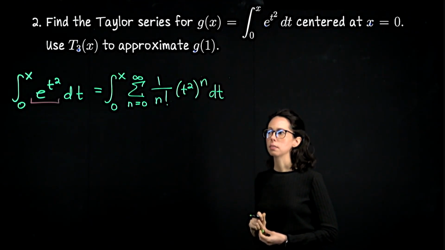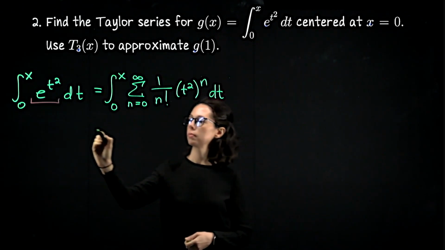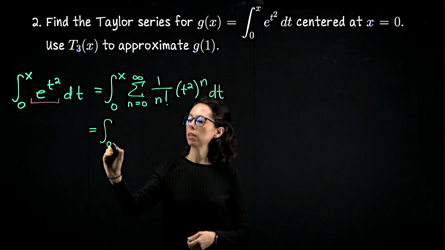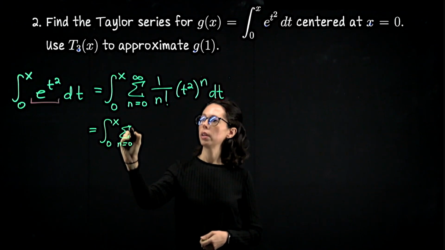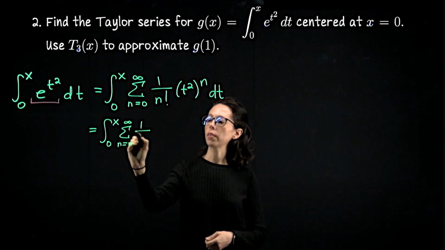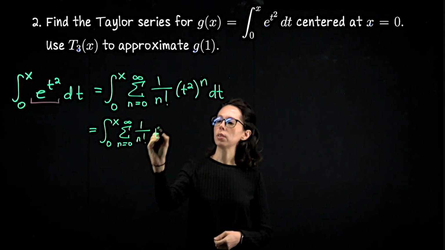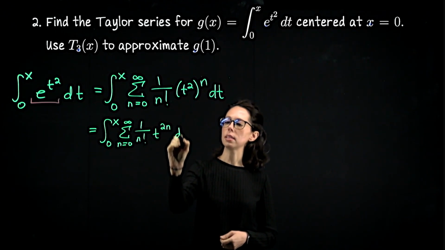Now let's write that one more time, and then we will anti-differentiate. So this is the integral from 0 to x of the sum from n equals 0 to infinity, 1 over n factorial t to the 2n dt.